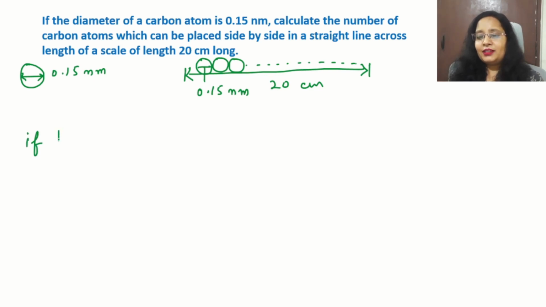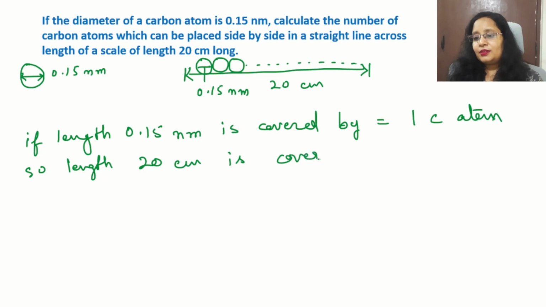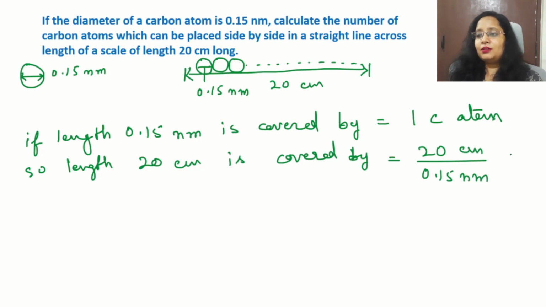If the length 0.15 nanometer is covered by one carbon atom, so the length 20 centimeter is covered by simply 20 centimeter divided by 0.15 nanometer carbon atoms. This will be the equation.